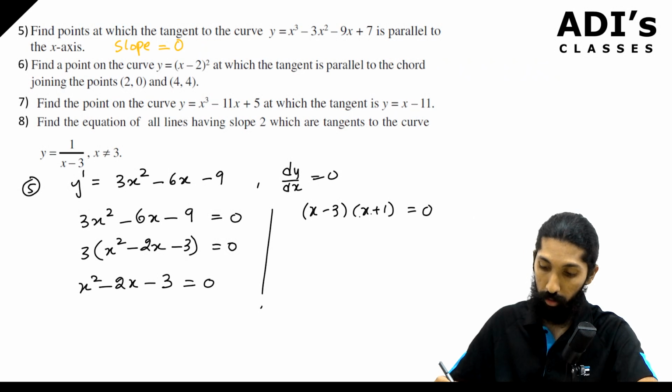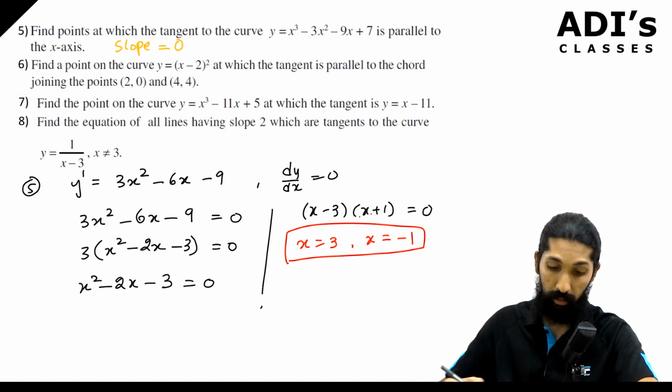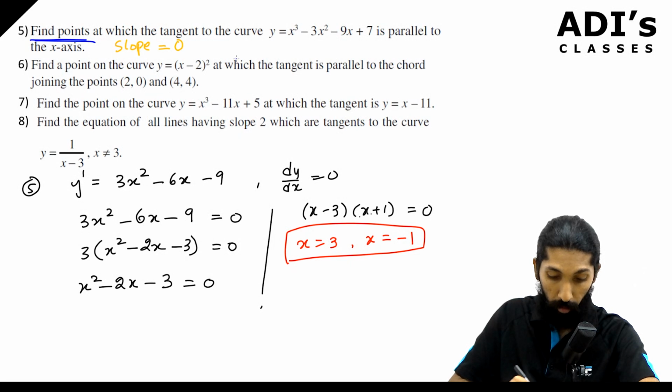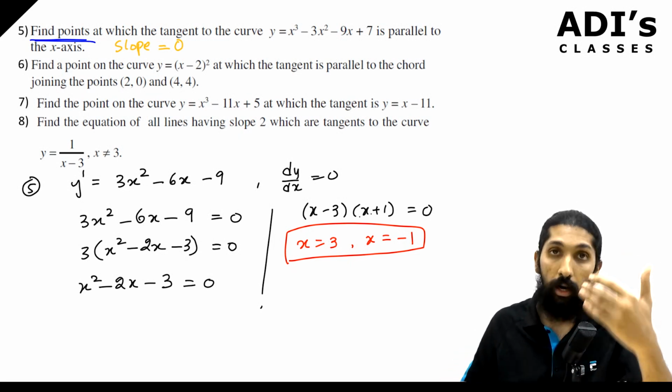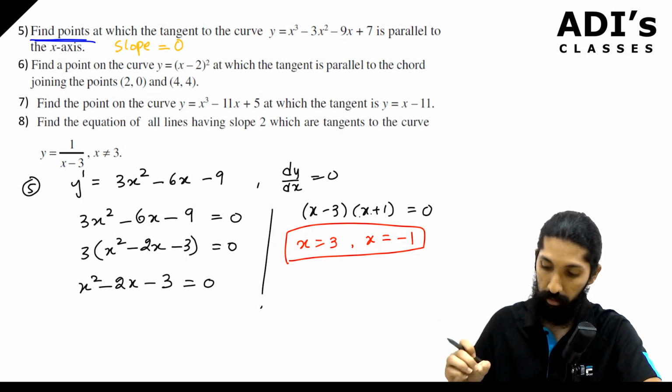Two values you have. What are the two values? You get x is equal to 3 or x is equal to minus 1. So these are the two values, because they're asking to find the points at which the tangent is parallel. Find the points. So what are the points? One is 3, one is minus 1.